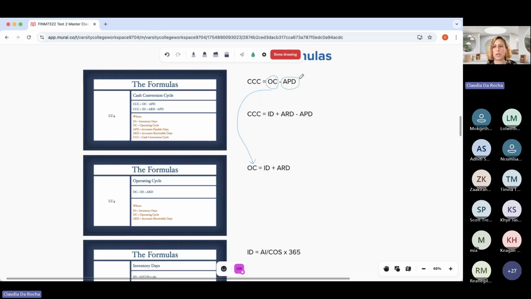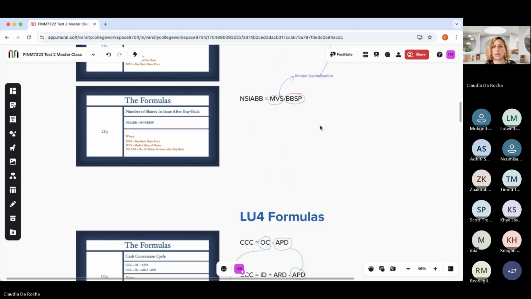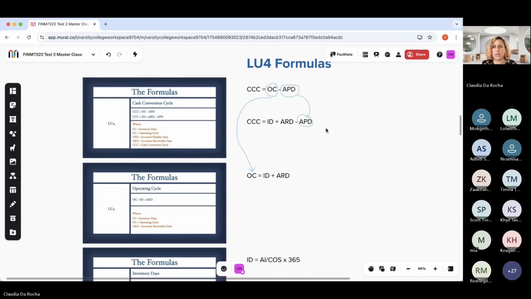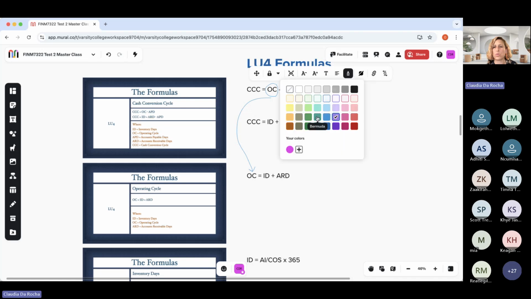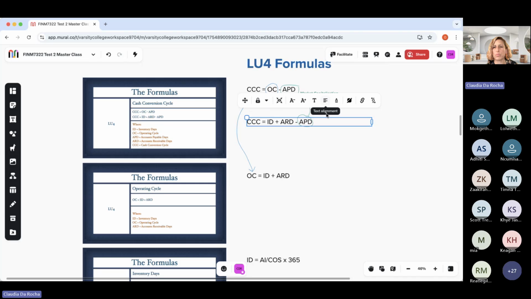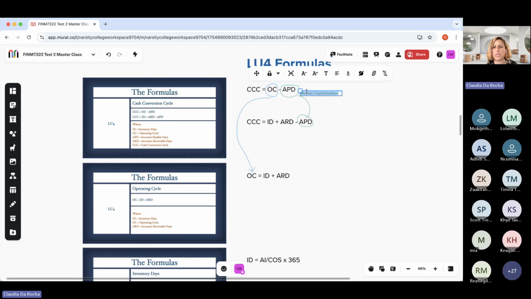So again here, APD or accounts payable days. Okay. And it's all concepts because it's been done before. These are not new. As in your accounts payable days, etc. That's not a new concept.